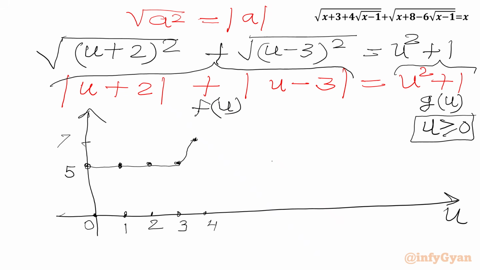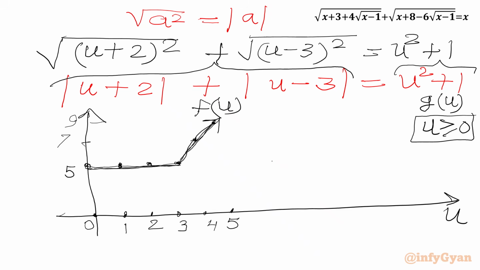Let us check at u equal to 5: mod of 7 plus 2, we will get 9. So at u equal to 5, we get 9, which gives us a straight line. Before that, it is a line which is parallel to the u axis.